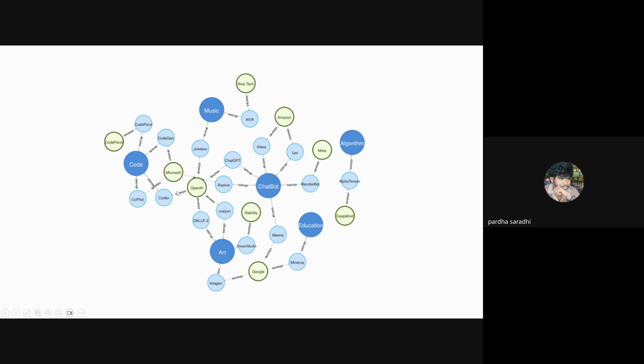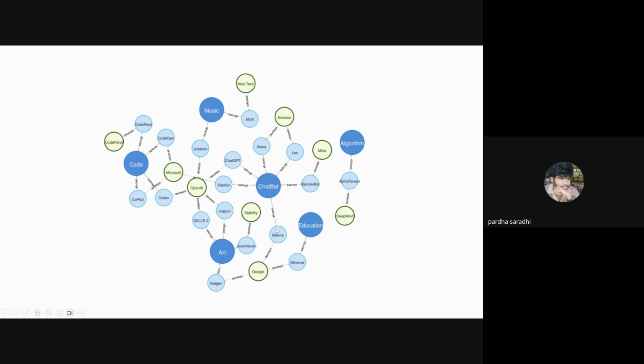Now, we know only ChatGPT, and we academicians use ChatGPT more, but if someone is really interested, they can also try Amazon's Alexa, Lex, and Blender Bot, even Meena, and Bard.